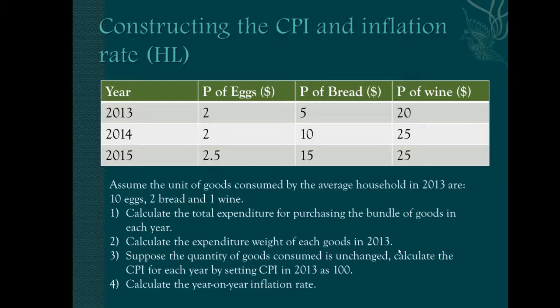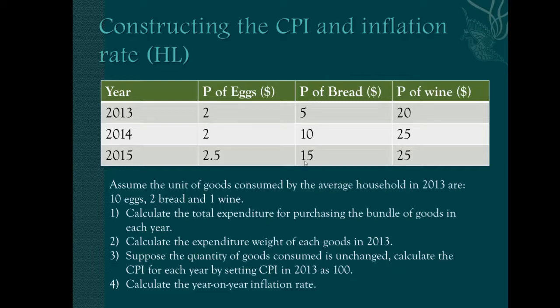The second question will give you the same idea. What if we change the weights every year? When we change the weights every year, you will be losing the reference value as well.